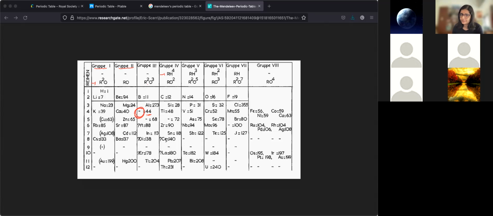Titanium fits better here. Titanium forms titanium dioxide, TiO2, which is similar to your carbon dioxide, silicon oxide, silica, SiO2 and all of that, right? So he figured that he should leave a blank space here because titanium shows more similarity with group 4 than group 3. That was a foresight that Mendeleev had.